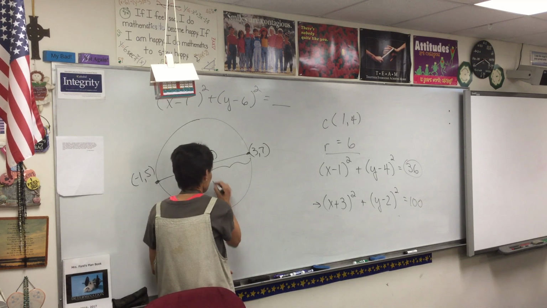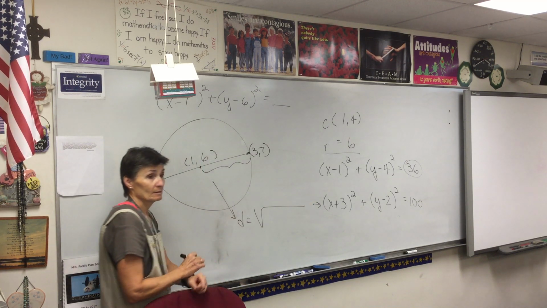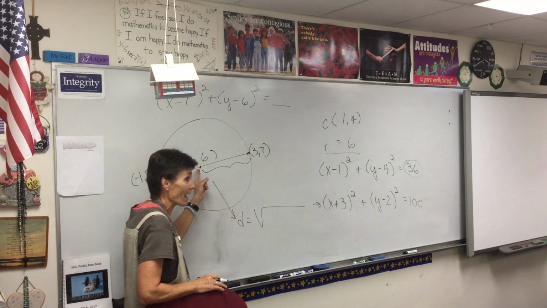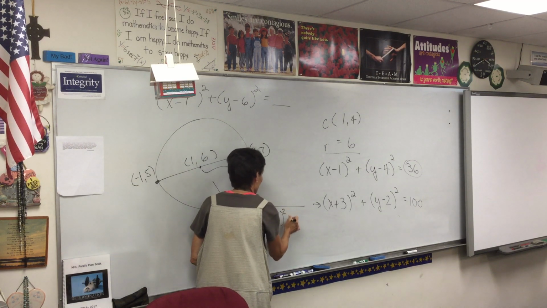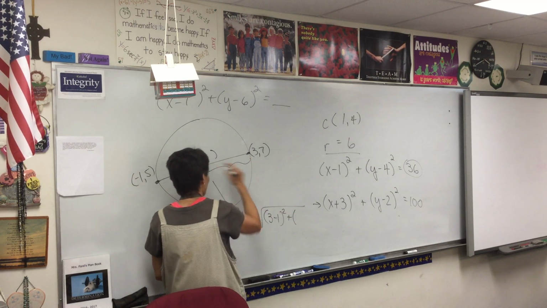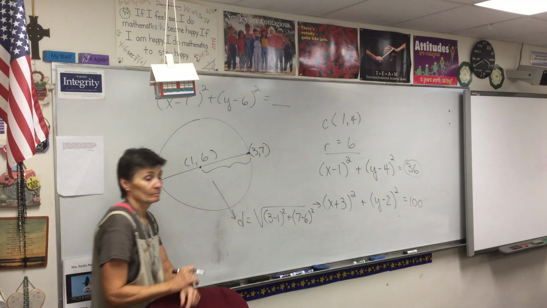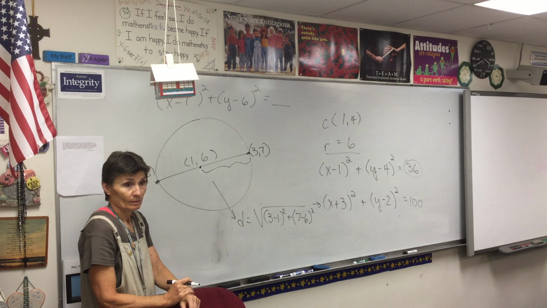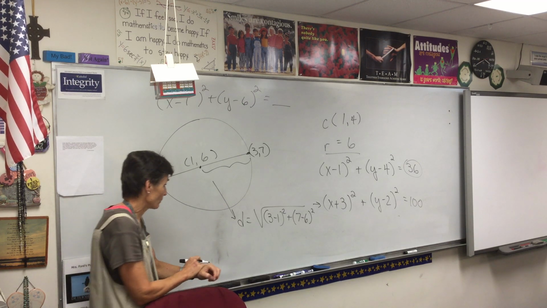And to find that distance, I use my distance formula, which tells me to subtract the x's and square them, subtract the y's and square them. Remember, that's how we find distance: x minus x squared, y minus y squared, add them up and square root them.